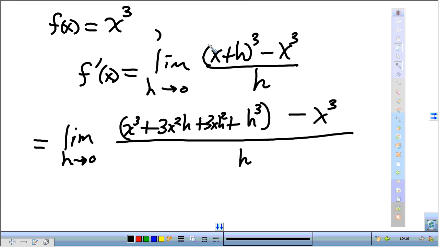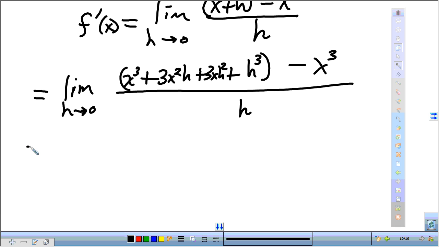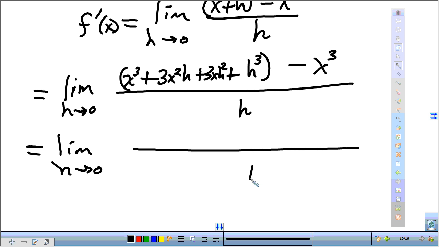Now, at this point, if I had changed this number to maybe 16 instead of the third power, it would still start with x to the 16th, and have all these other terms, each one with an h, which is important here, because the next step always gets rid of this term that has no h.